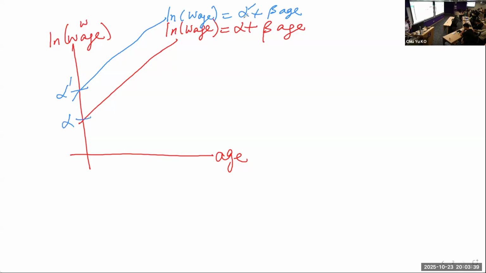We are forcing our slope to be the same, and we're saying this coefficient is like 20%, or 19%. We're saying that at every age they must have the same gap.